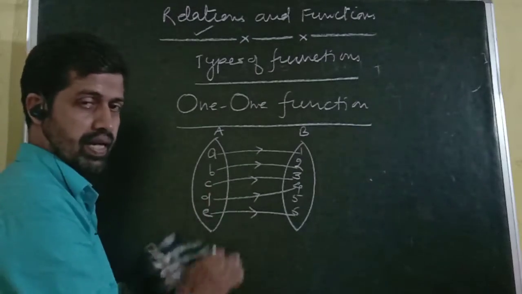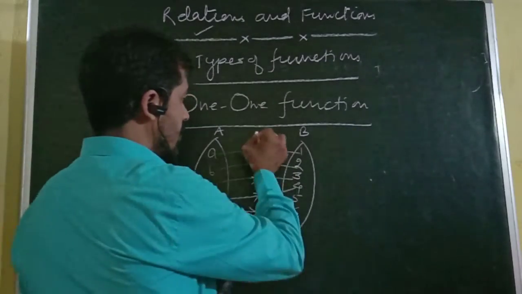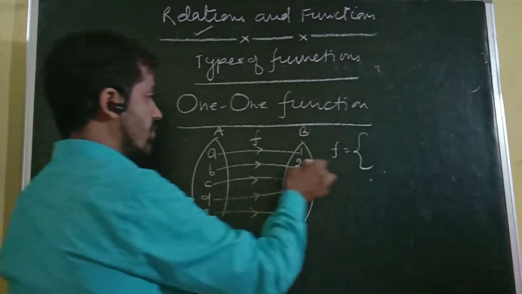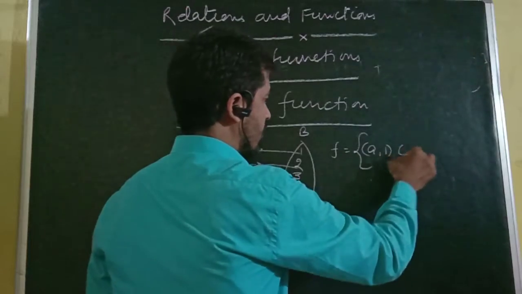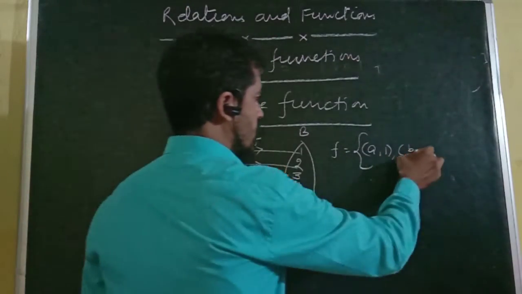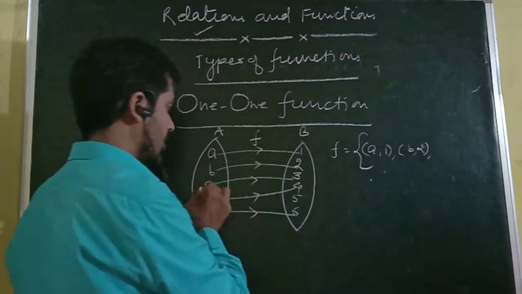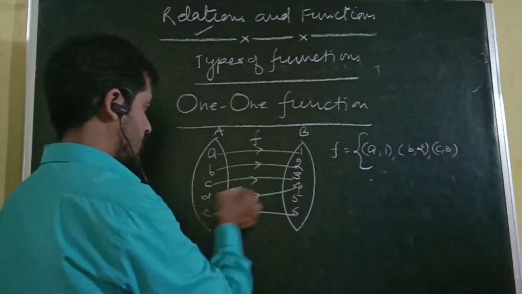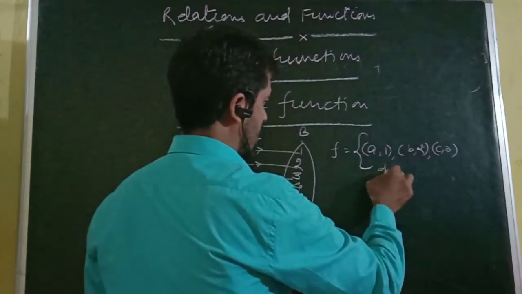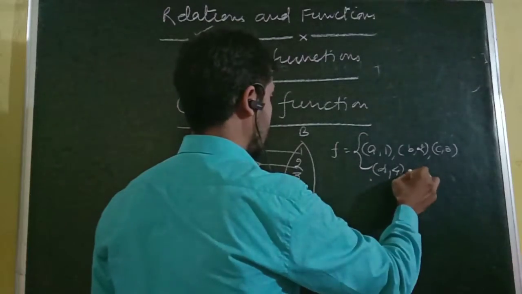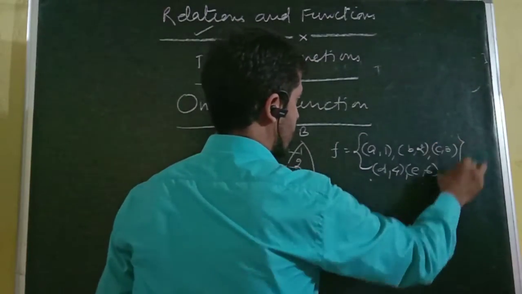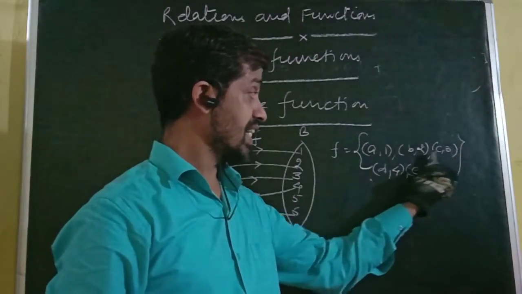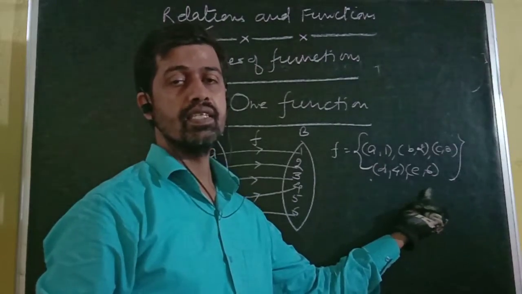Now the same thing I write in the form of ordered pair. Say the function was f. So f will be (a,1), then (b,2), then (c,3), next is (d,4) and (e,6). Now here the thing is that the second element is not repeating.